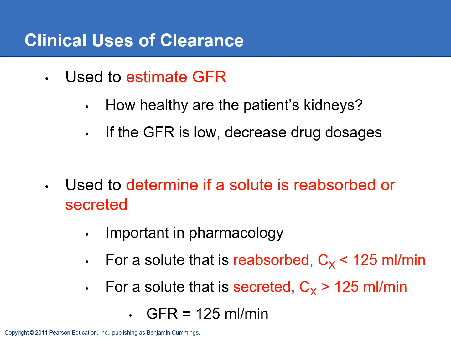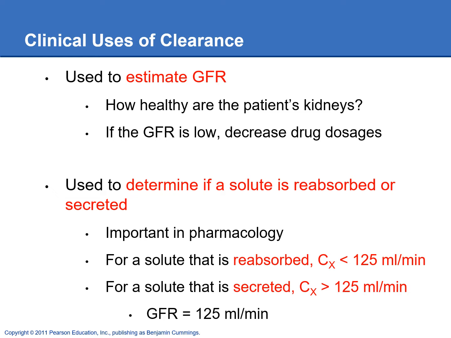So clinical uses of clearance, you will see this used in medicine. It is used to estimate the glomerular filtration rate, or GFR. And why we want to know the patient's GFR is it tells us how healthy the patient's kidneys are. So how well are they working? And we can actually follow the GFR if we have a patient who was diagnosed with chronic renal failure.